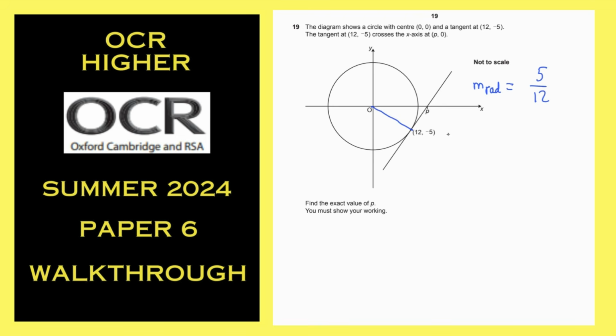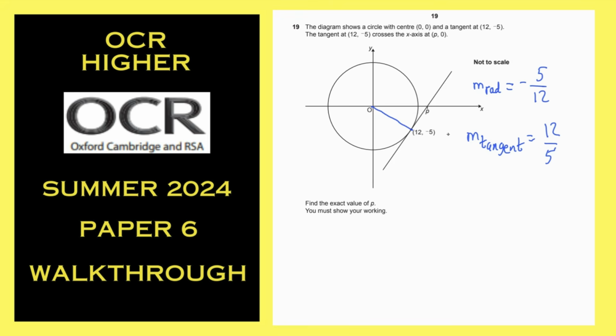Not forgetting the line is downhill. It might not be drawn to scale, but it can't be drawn to lie to you. It has to be a negative gradient. That means the gradient of the tangent is the negative reciprocal. Flip it upside down and change your minus to a plus.